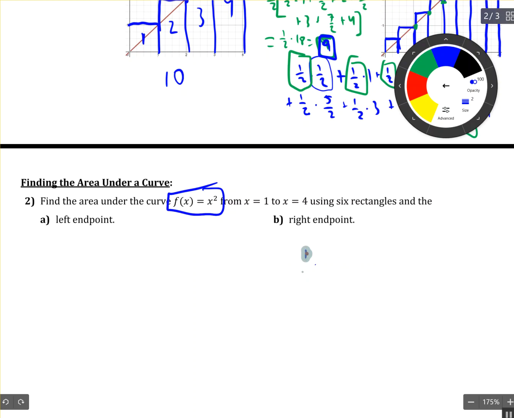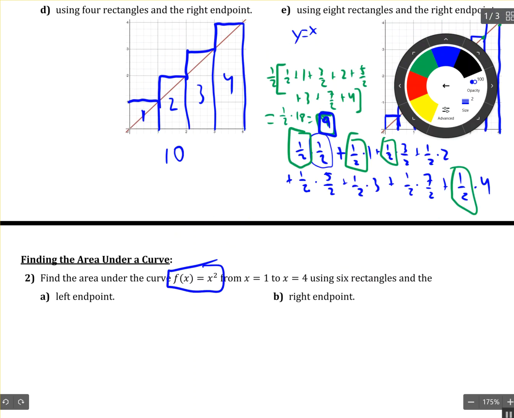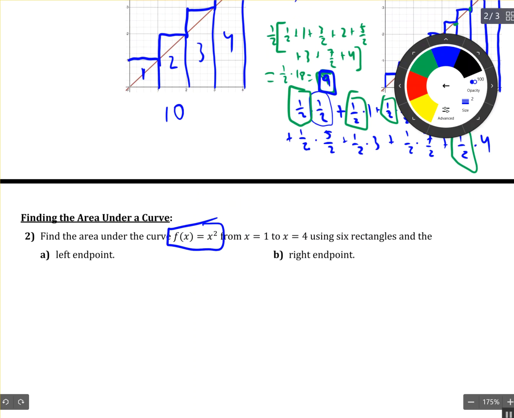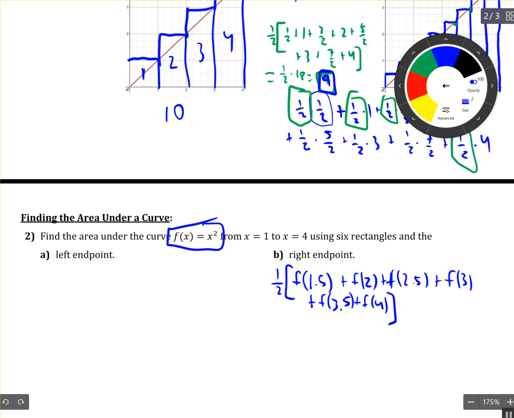So the width is going to be 1/2 for each of these. And again, notice I have that 1/2 that I was able to factor out in part E up here. So I can just factor out 1/2, and since we're using the right endpoint, we're starting at 1, I'm going to plug in, I'll do it in decimal this time, f of 1.5 plus f of 2 plus f of 2.5 plus f of 3 plus f of 3.5 plus f of 4.